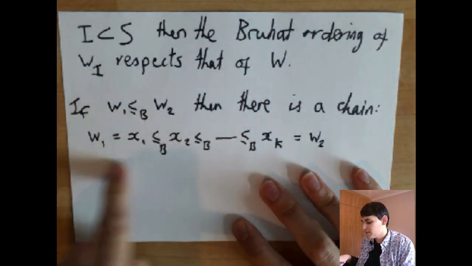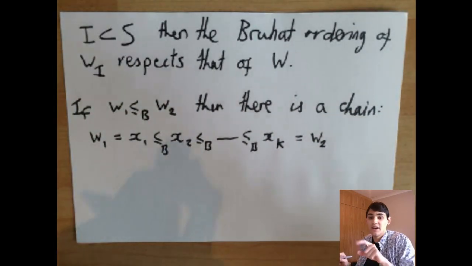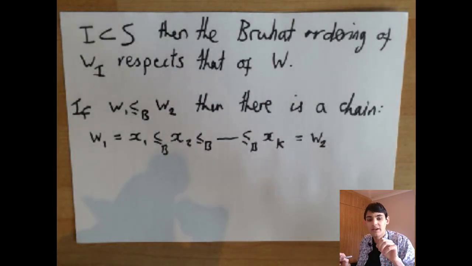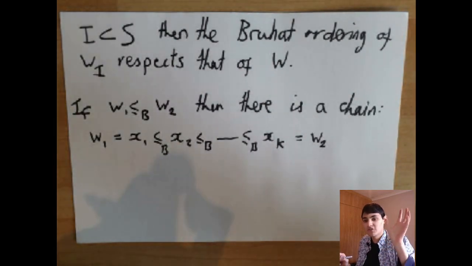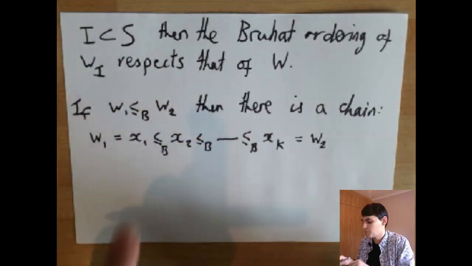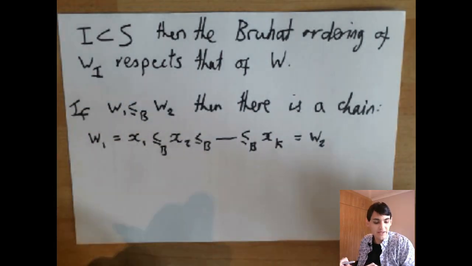So this basically says that if you take that chain that we used in the definition, then you could stop things at intermediate steps, and you would get this chain.